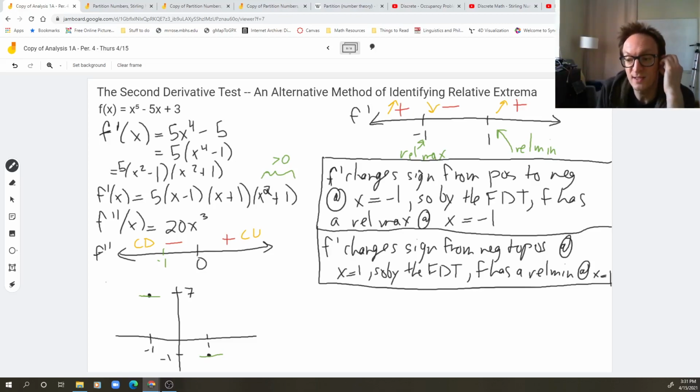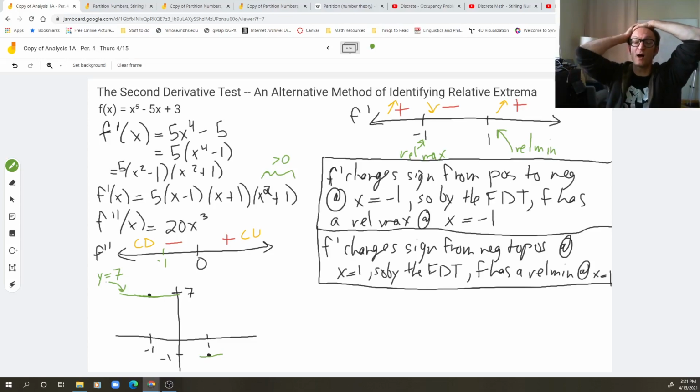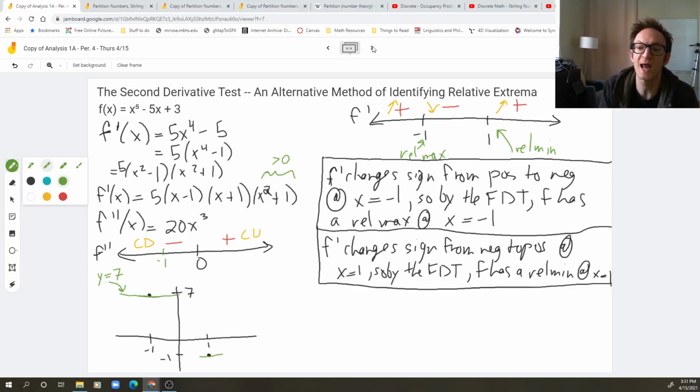But look, this green tangent line is a tangent line. Let me draw it a little bit bigger and maybe label it. What is this line? It's the line y equals 7. It is one of the tangent lines of this function, the tangent line at the point -1, 7. It's a horizontal tangent. Well, the very definition of concave down means that tangent lines lie above the curve, and since this is one of my tangent lines, and the function is concave down at -1, this tangent line must lie above the curve.